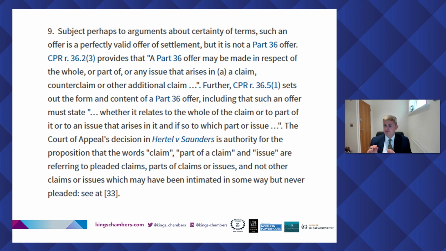So that was what was pleaded. Straightforward remedy in this area of law. But the claimant's Part 36 offer was for the defendant to pay him £350,000 or thereabouts for his 50% share. So it was a straightforward buyout of his interest in the estate. The judge in this case held, no, that is not a Part 36 offer because it falls well outside of the regime.